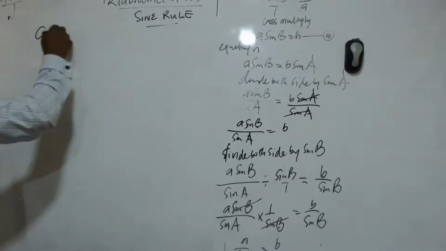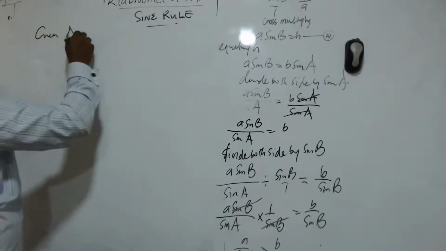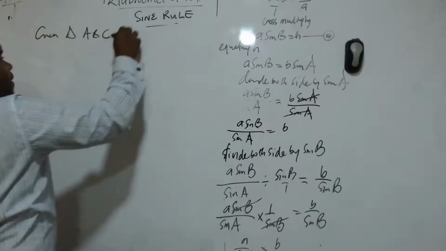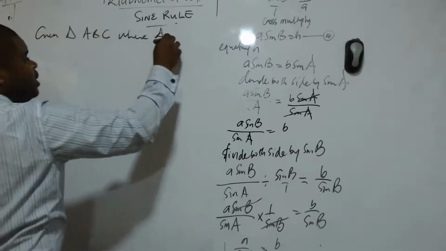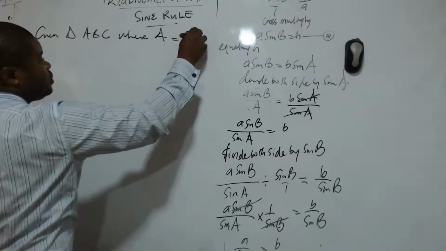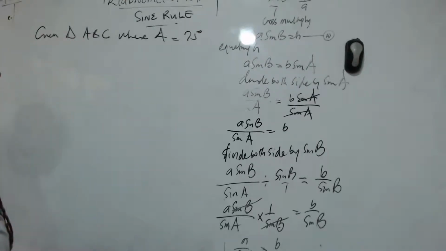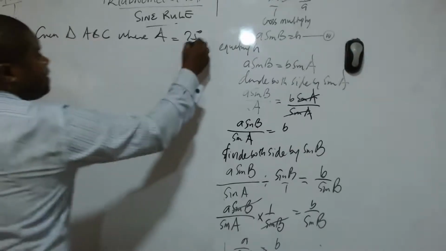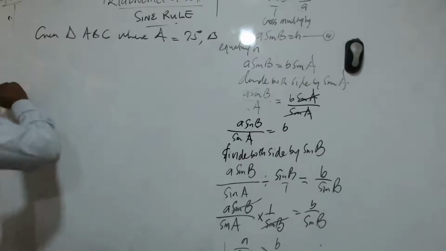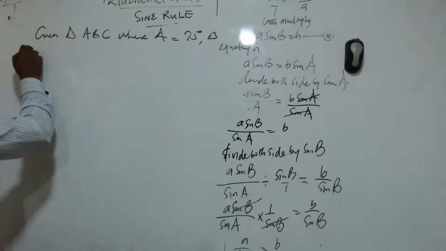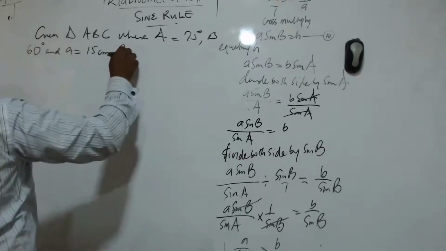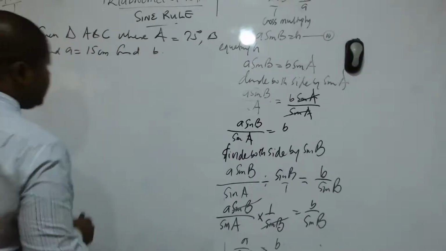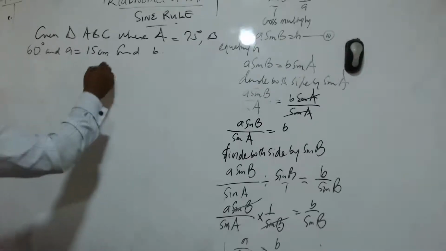Looking at this question: given triangle ABC, where A is equal to 75 degrees, B is equal to 60, find B. If you look at this triangle, we have something like this.